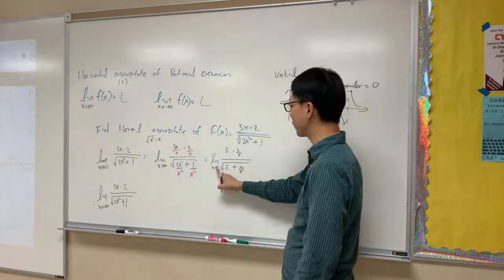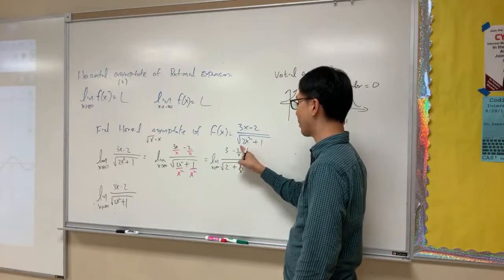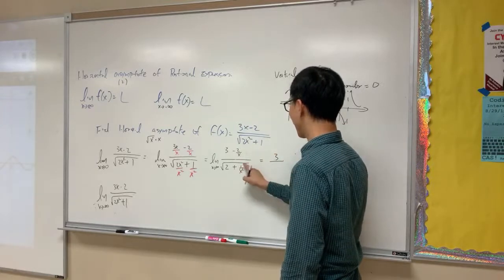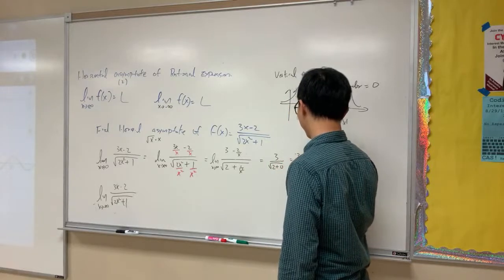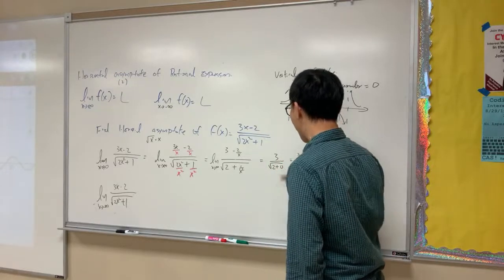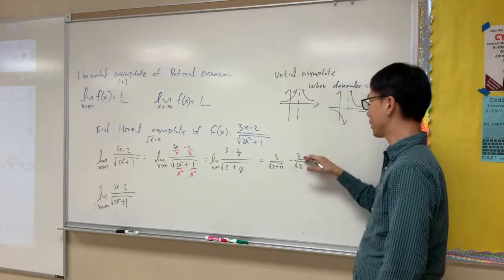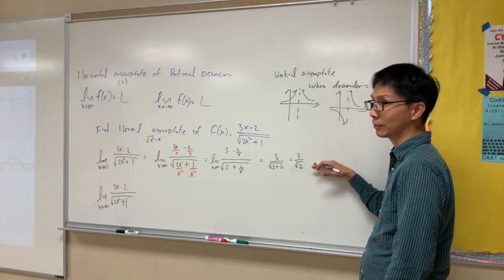Now, as x approaches infinity, as long as x is in the denominator, that part is going to go to 0. So it's going to be 3 over the square root of 2 plus 0, so therefore it's 3 over the square root of 2. That means I have a horizontal asymptote at 3 over the square root of 2. This one is a horizontal line. Does that make sense?